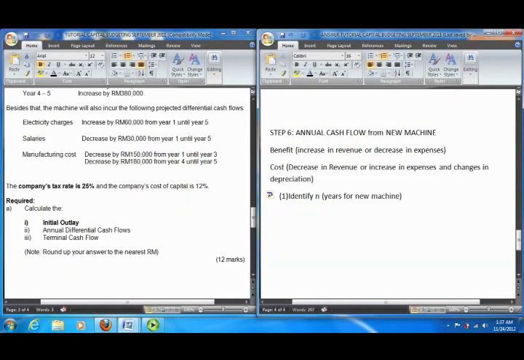Alright, for your info, this can be taken from your step 1. How many years, class? Yes, for the new machine it is 5 years.